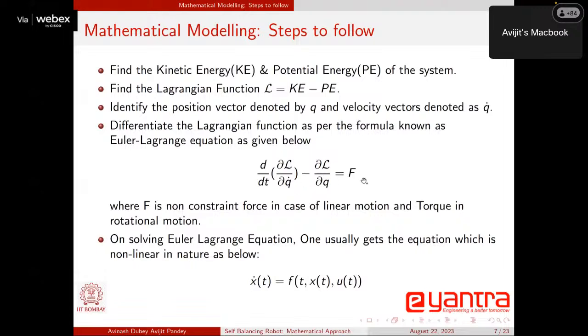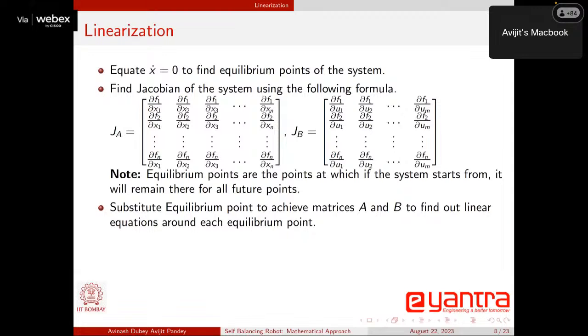It is equated to F, where F is the non-constraint force. In our case, it will be the torque of the motor that is used to balance the system. Further, we will solve this Euler-Lagrange equation to get the equation of the system, and we will try to find the equilibrium point of the system.